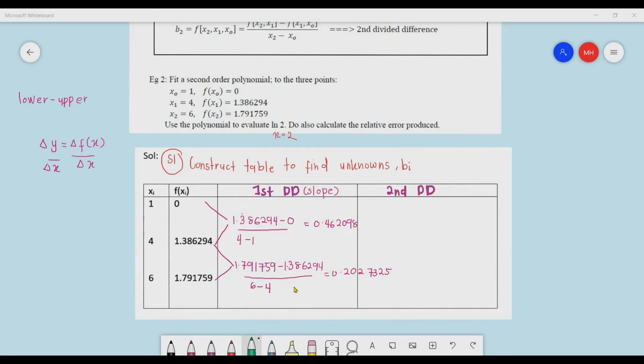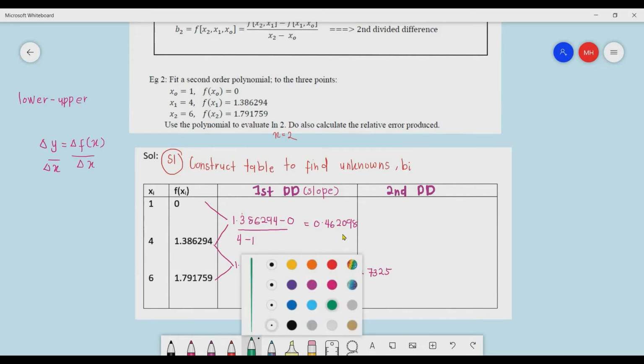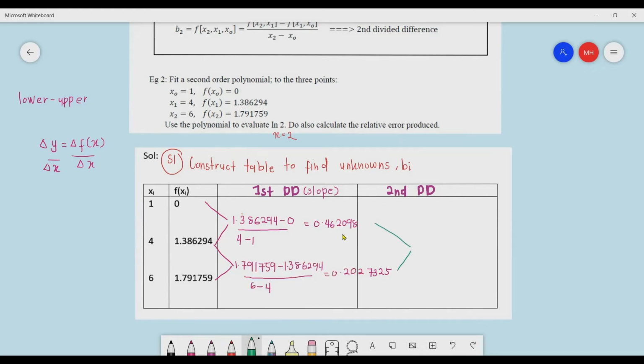The value that you obtain here in the first divided difference will be your numerator in the second divided difference, whereby you do lower minus upper. So let's write here, for the second divided difference, the row here. 0.2027325 minus 0.462098.